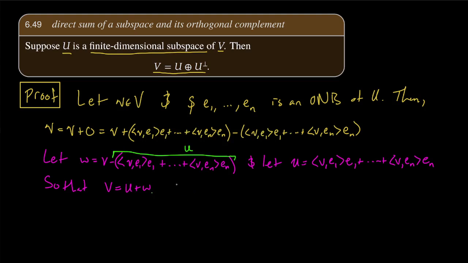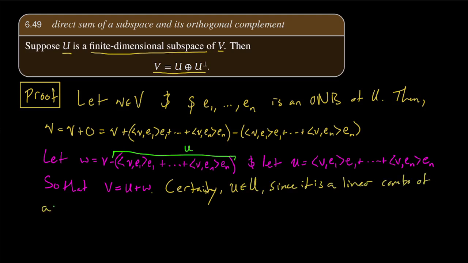Well, now that we're here, notice the following. Certainly, U, little u, is in big U, since it is a linear combo of a basis for U. Okay.